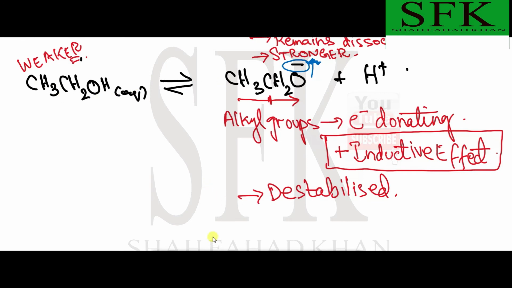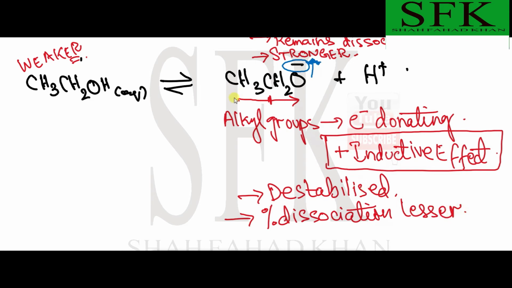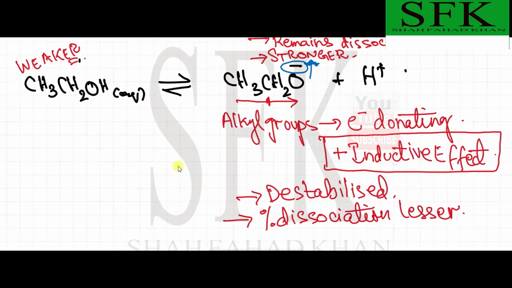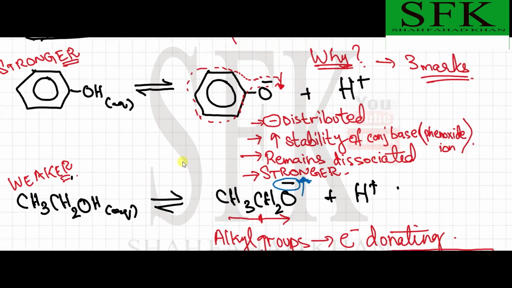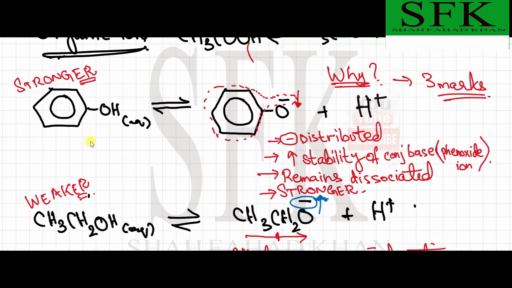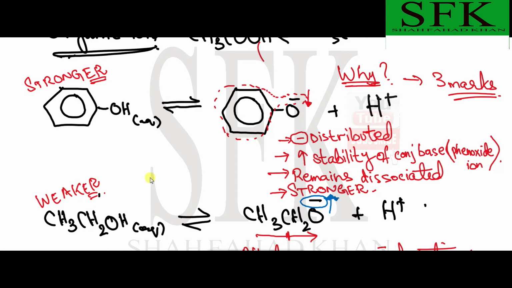So the percentage dissociation in aqueous ethanol is lesser. Percentage dissociation is lesser due to the destabilized conjugate base. So this was the explanation of why phenol is a stronger acid compared to ethanol.